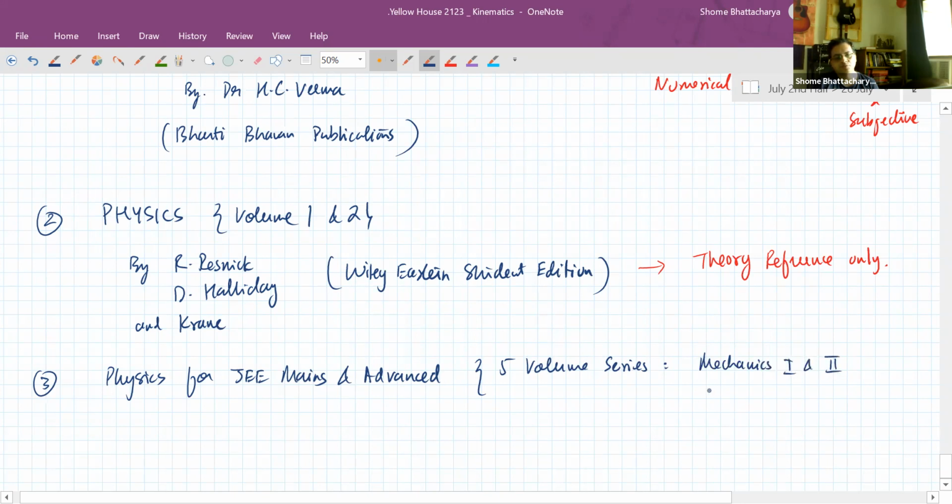Then there is Thermodynamics and Waves, then Electricity and Magnetism, and Optics and Modern Physics.